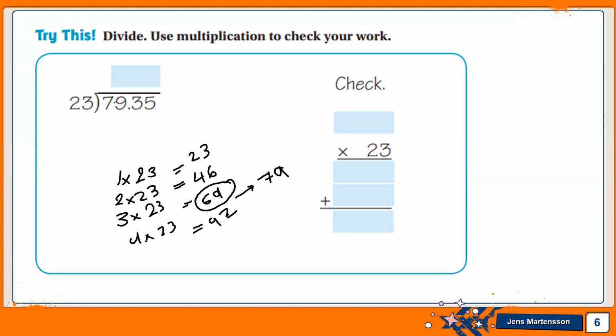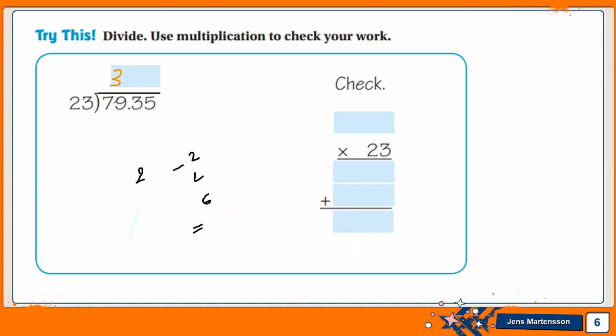Now, what is the number that when you multiply it by 23, you get 69? 3. Bravo. So you will write 3 up to start. Thank you. The next one.